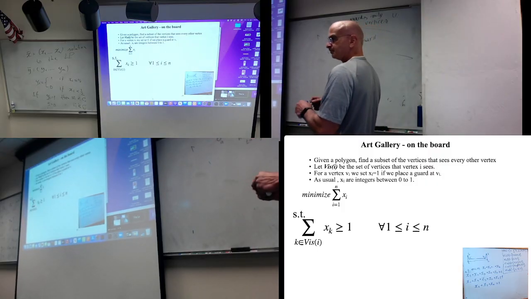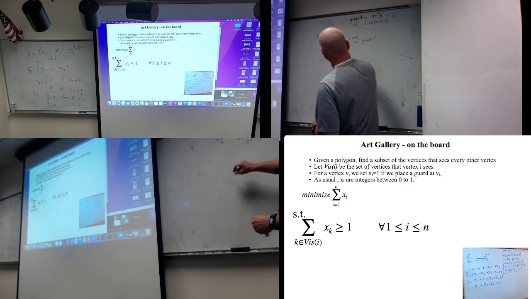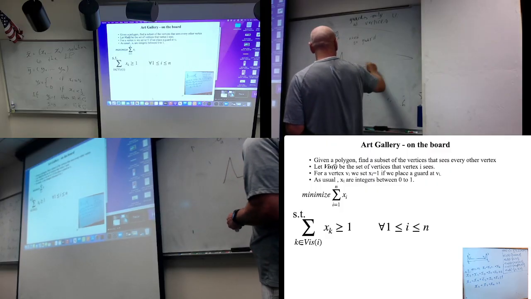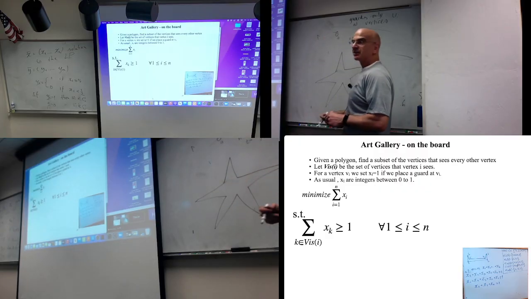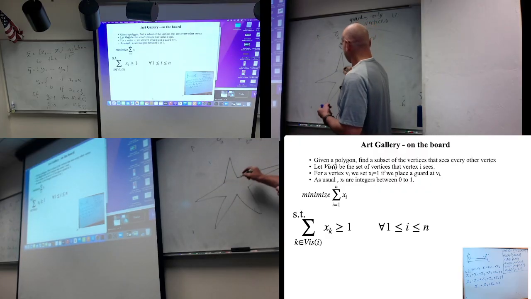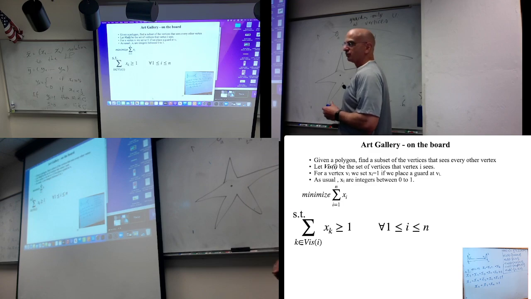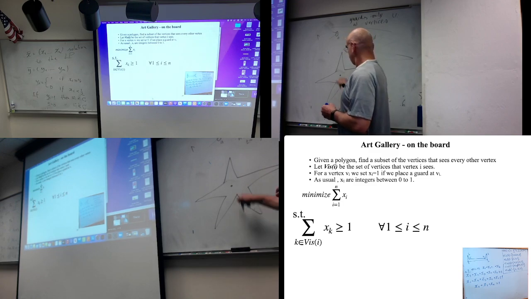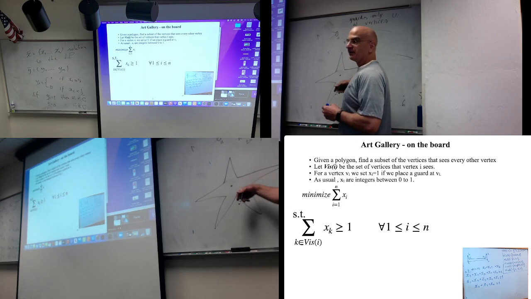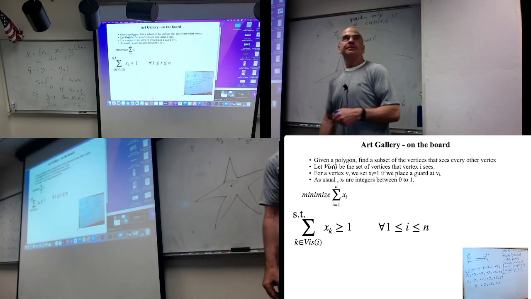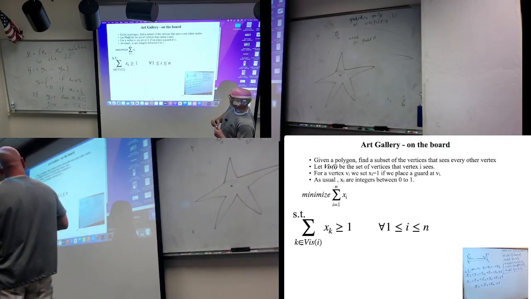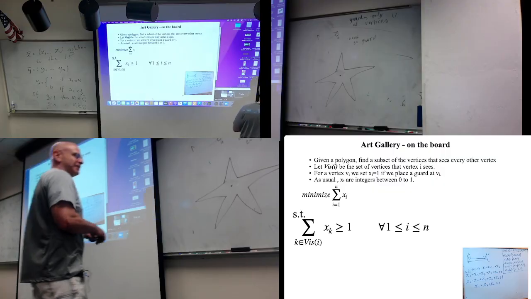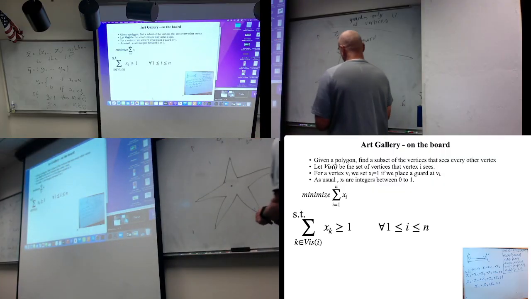A star-shaped polygon. There is such a thing, and we've talked about it a few times, knowing if a polygon is star-shaped. There is a point here that sees everything, but it's not convex. It's a polygon. We are in ILP, so let's write down how to find an ILP for this problem.